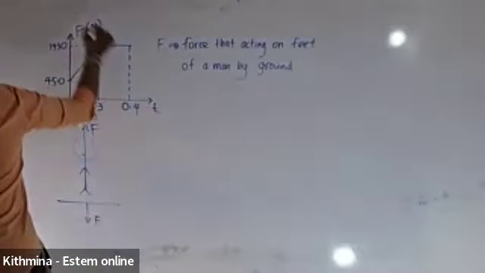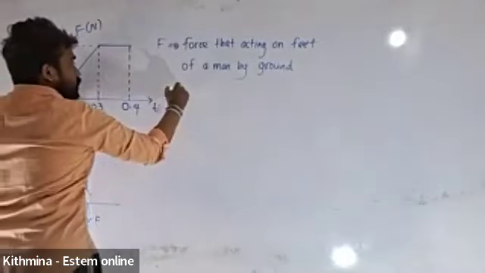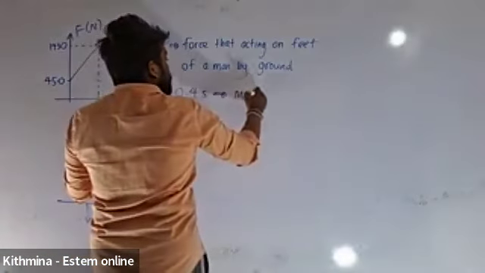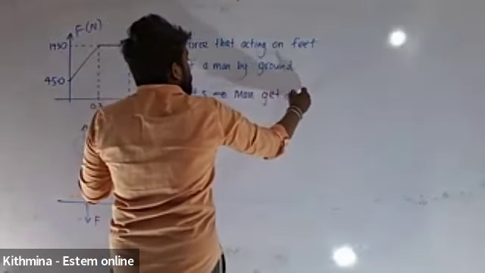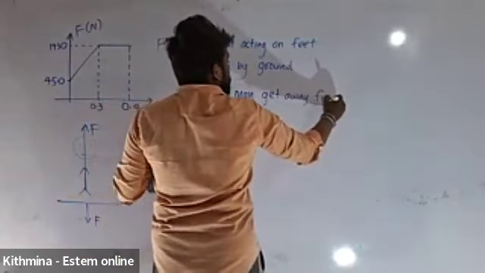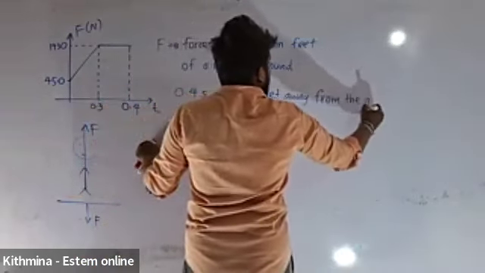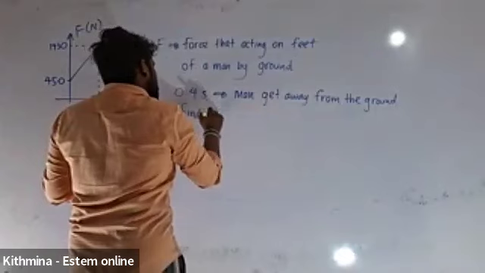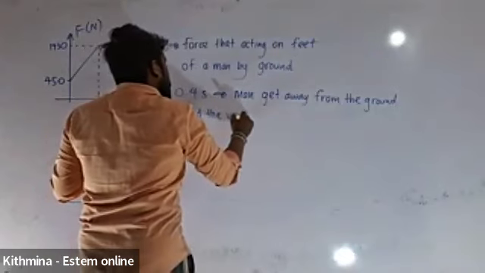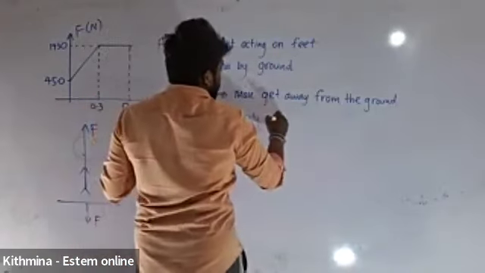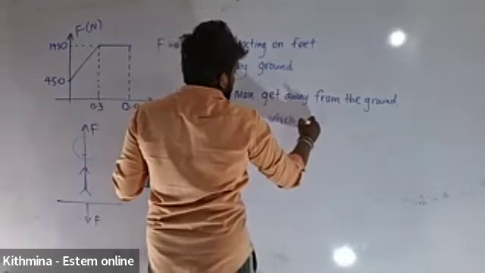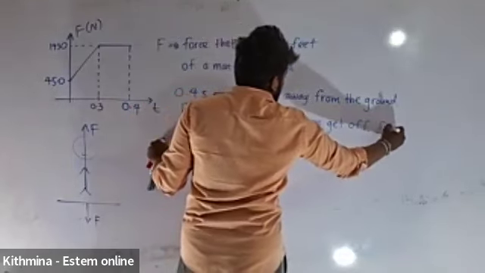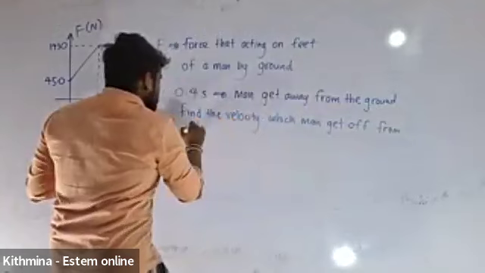This is the F, and during this 0.4 time, the man gets away from the ground. The question is, find the velocity with which the man gets off from the ground.